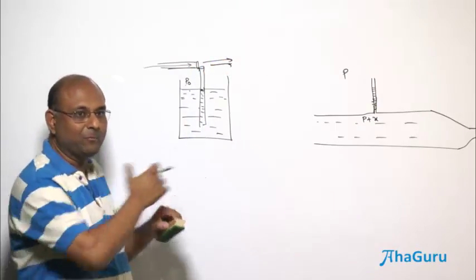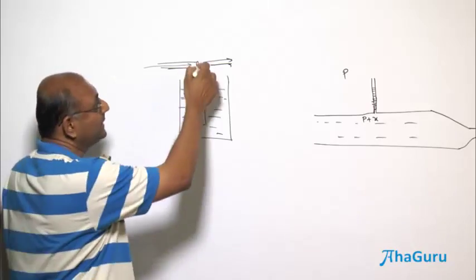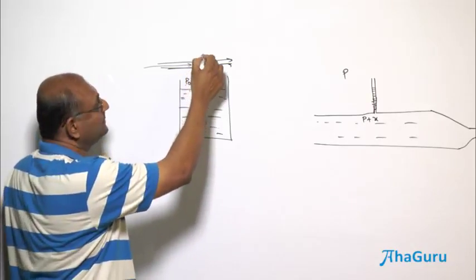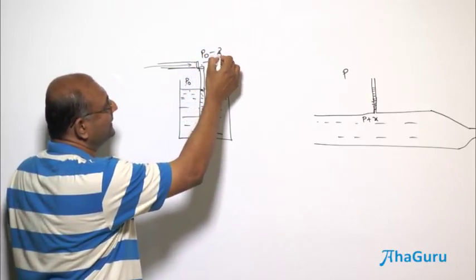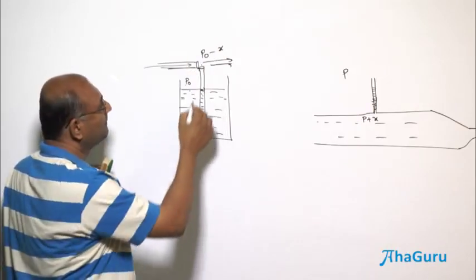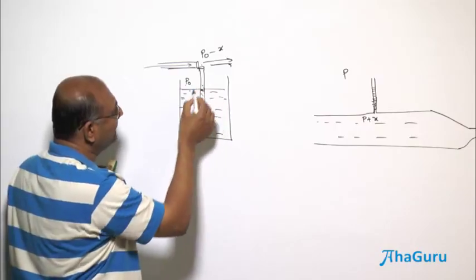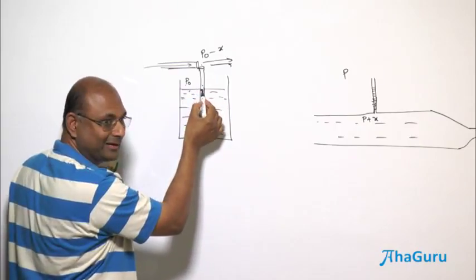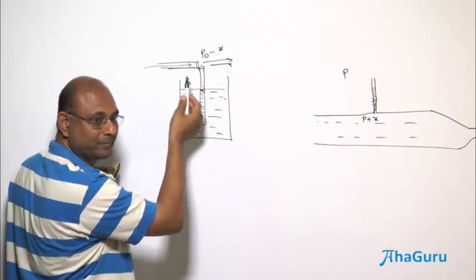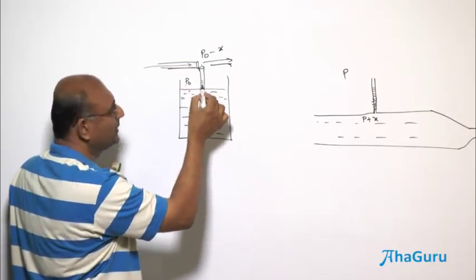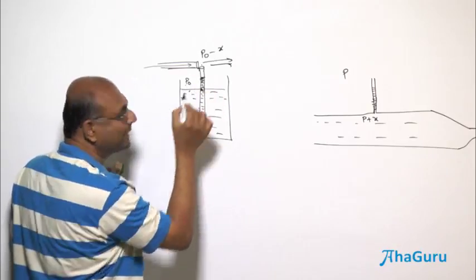You already saw that if air moves out like that, static pressure here decreases. So let us say this becomes P0 minus X. But then everywhere below it will be P0 minus X. But if this is P0 minus X and this is P0, the water gets pushed up. And so this water starts to rise. You will see that the water level will be there.